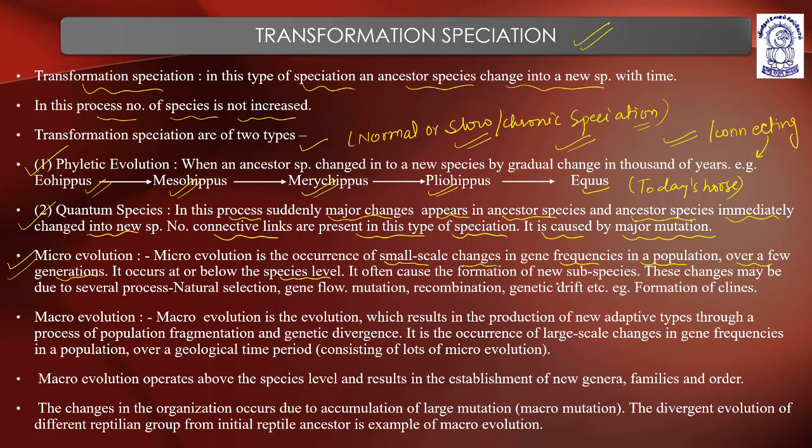It often causes the formation of new subspecies. These changes may be due to several processes: natural selection, gene flow, mutation, recombination, genetic drift, and, for example, formation of clines. So basically in microevolution, small changes in the gene frequencies accumulate over very few generations and lead to the formation of a new subspecies. Understood?